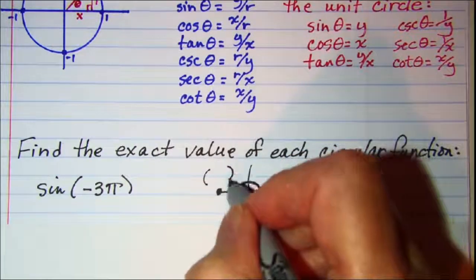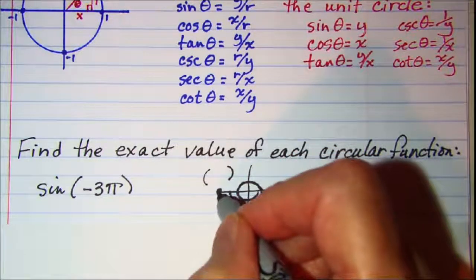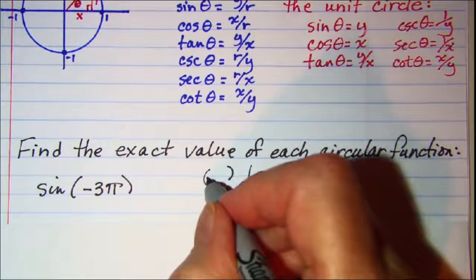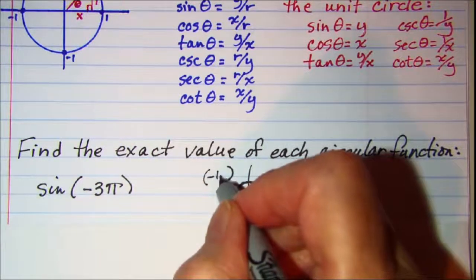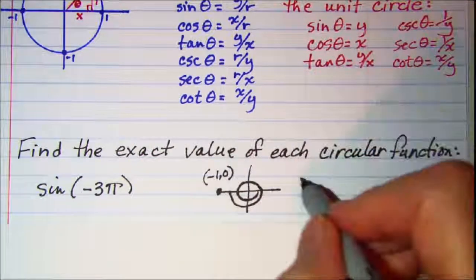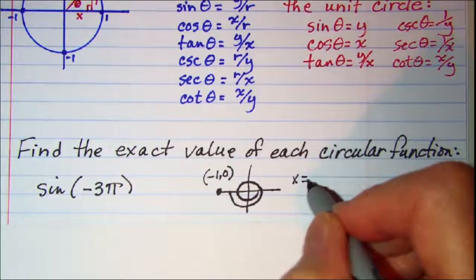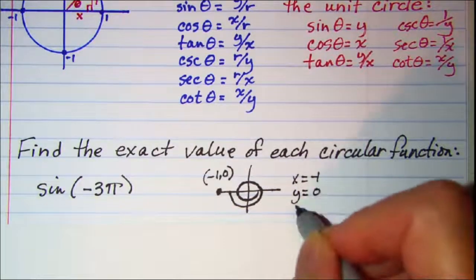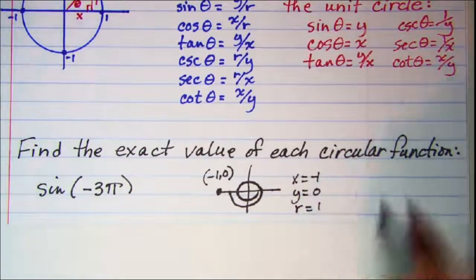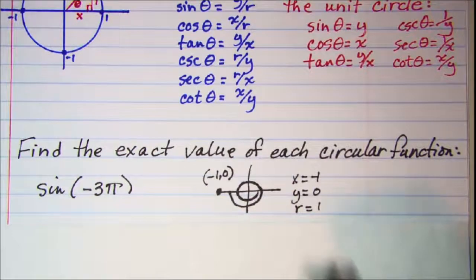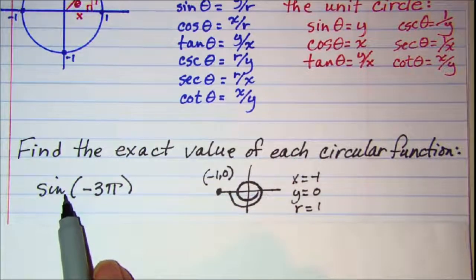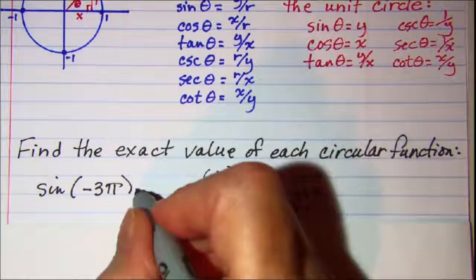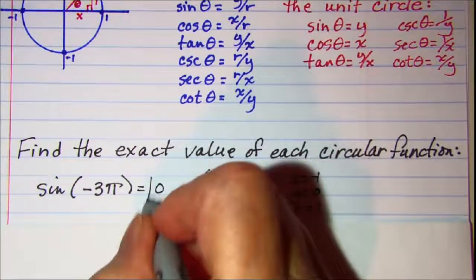Coordinates of this point, if it was on the unit circle, would be a negative 1 for the x value and 0 for the y value. And let me just write those. x is negative 1, y is 0, and r is always a positive 1. So for our sine, we want the y value, so this is 0.